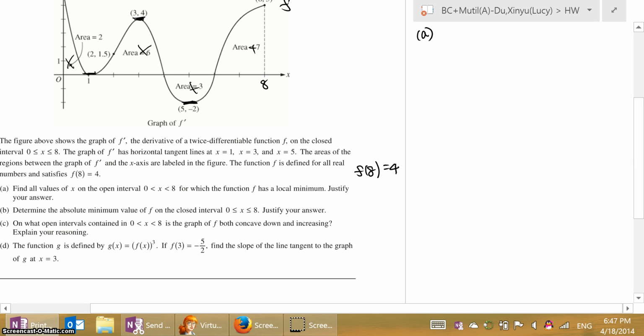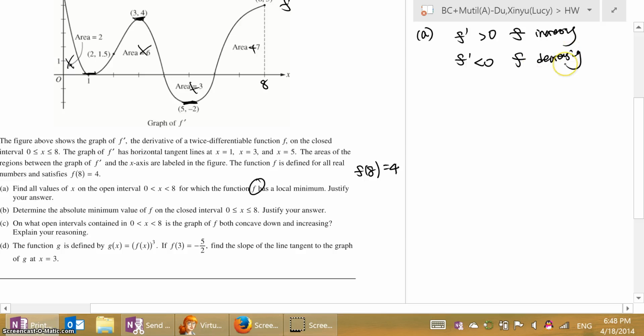Find all values of x on the open interval 0 to 8 for which the function f has a local minimum. So be careful, it's function f, which is the integral of the graph we saw right here. Justify your answer. We know that when f prime is greater than 0, the function f is increasing, and when f prime is smaller than 0, f is decreasing.